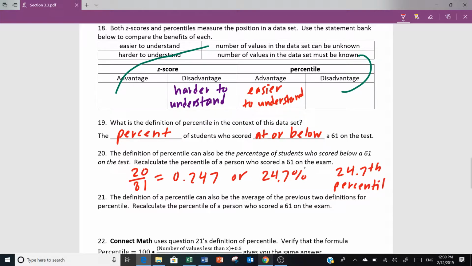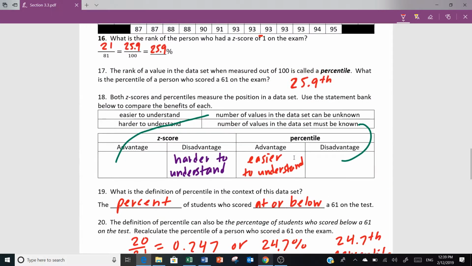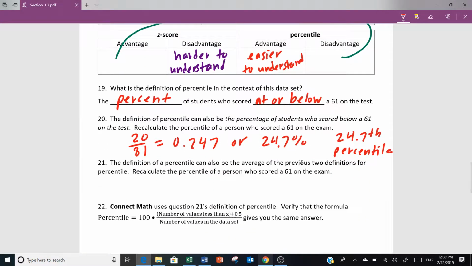Okay, now one last definition of percentile is to average the two percentiles together, which is the 24.7 and the first one, 25.9. Let's average those together and see what number we get.